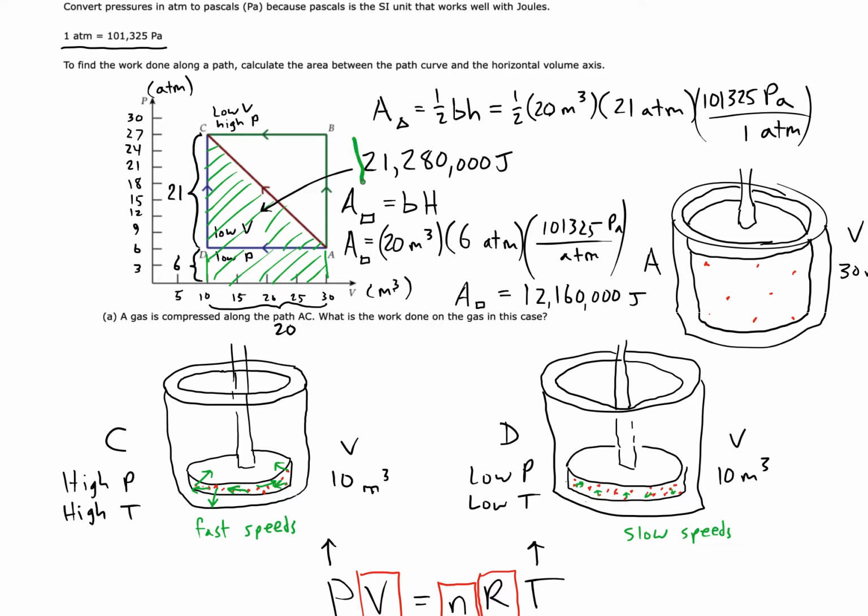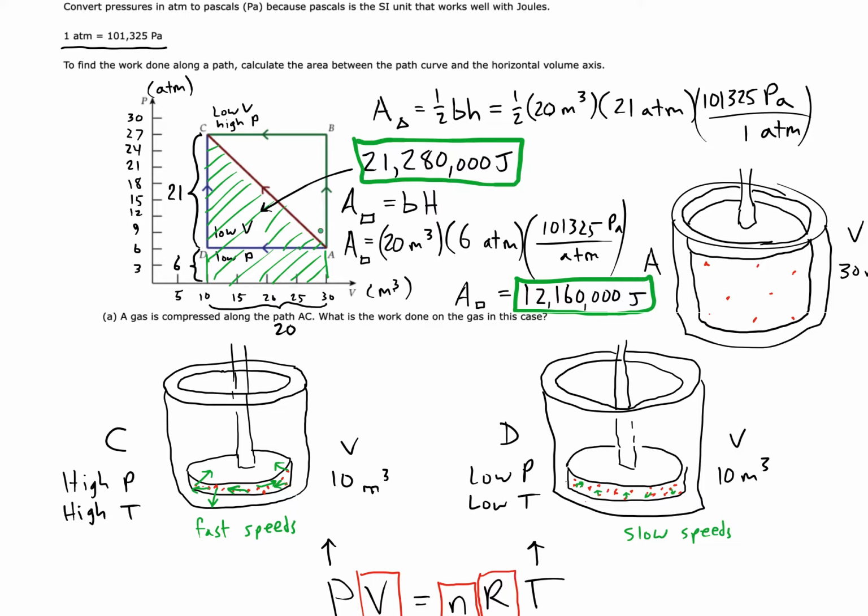All right. Now we just want to add those together, and that will give us the work that's done when you compress that gas along that path. The idea being that it takes more work to compress the thing when it's at high pressure than it does to compress it when it's at low pressure.